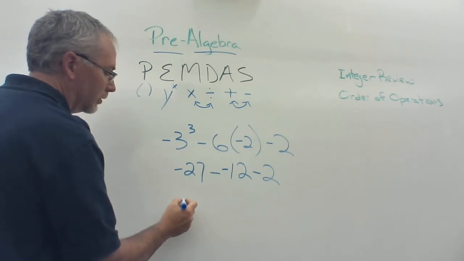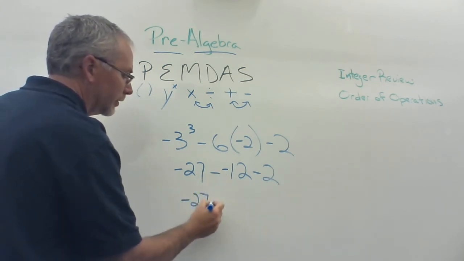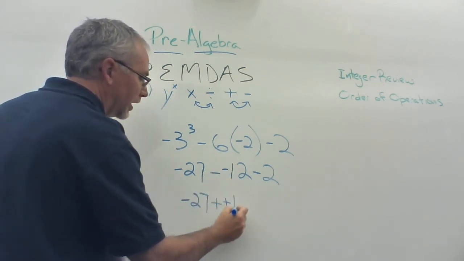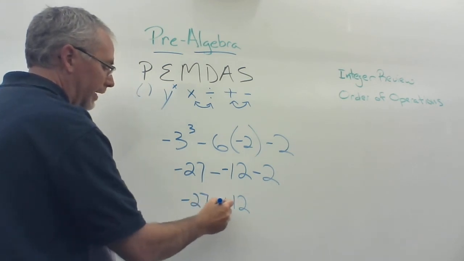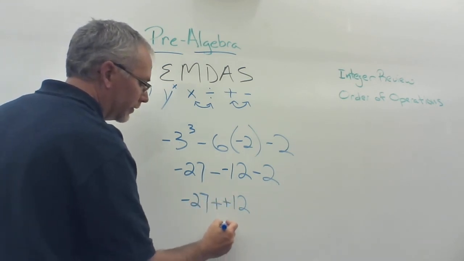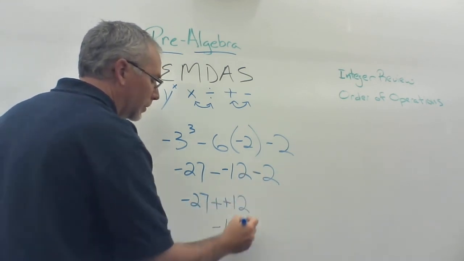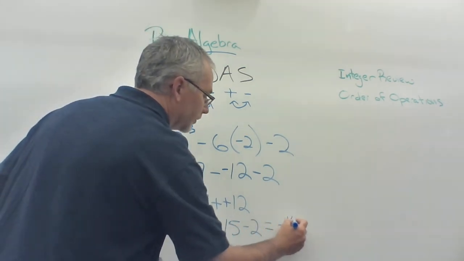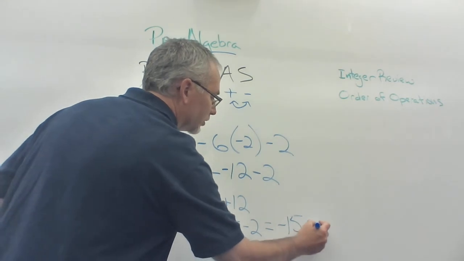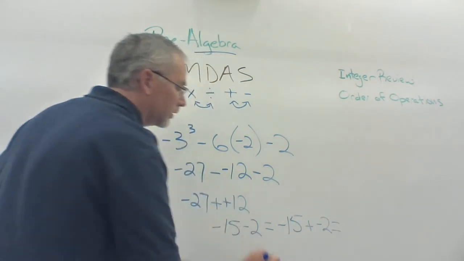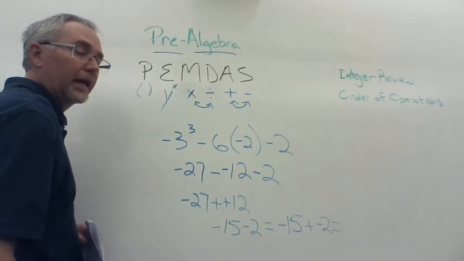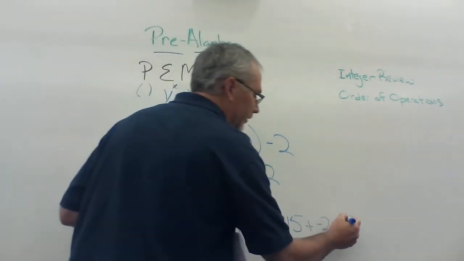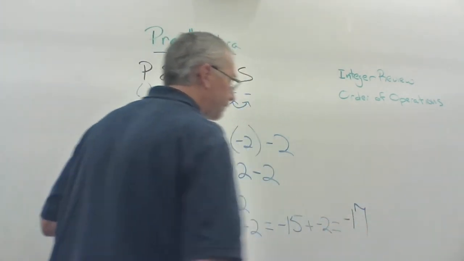So here we go, negative 27, I keep, change, change, and that gives me a negative 15 minus 2. So I'm going to again keep, change, change. Negative 15 plus a negative 2 is going to give me a negative 17.